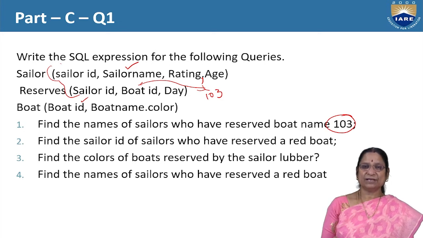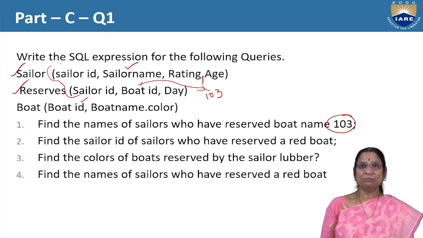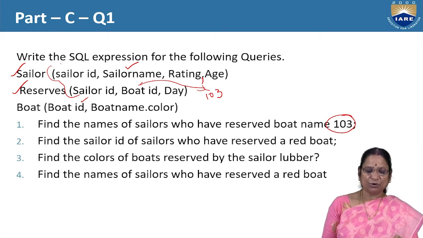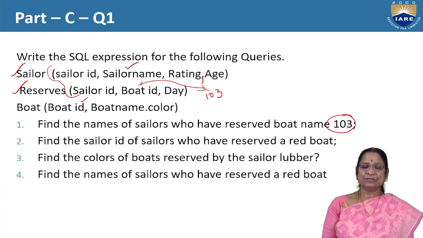That means we need to consider the two relations, sailor and reserves. Why not boat? The sailor and boat don't have any relationship. A common attribute is not there, so they are not related. That's why sailor and reserves are related, and by using these two, we can get the join operation.